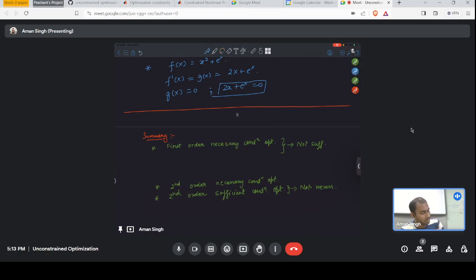The first order necessary condition is that a local minima implies f'(x*) equals 0. This is what it means. But this is not sufficient. If f'(x*) is 0, that doesn't mean it is a local minima. It can be a saddle point also, or a maxima, let's say.